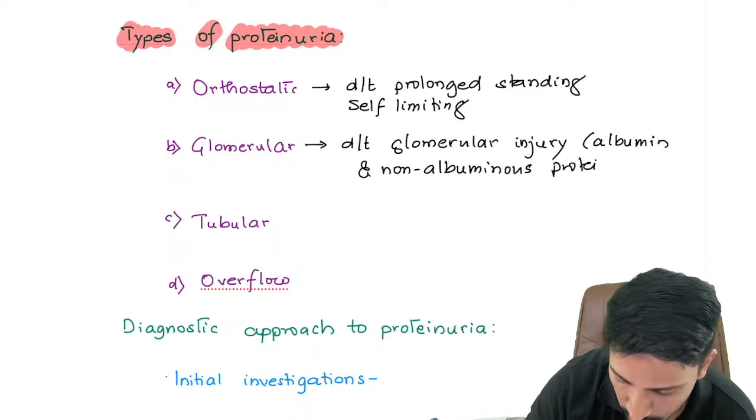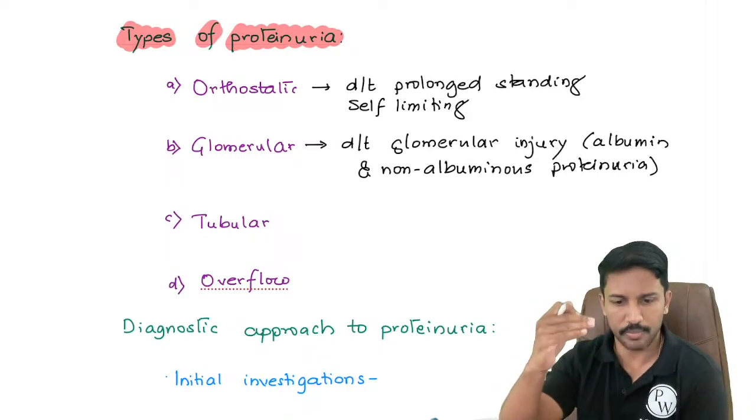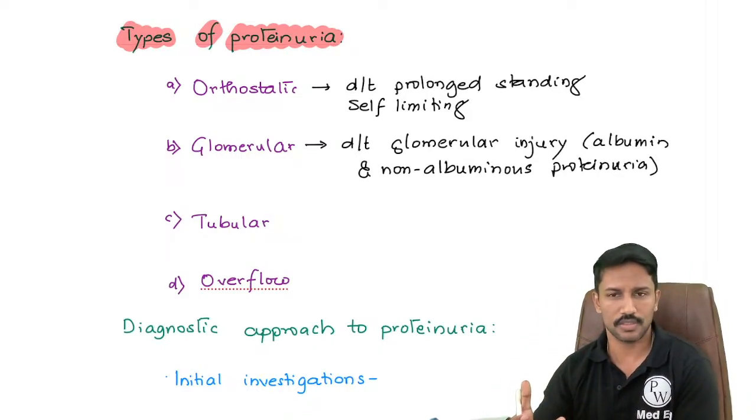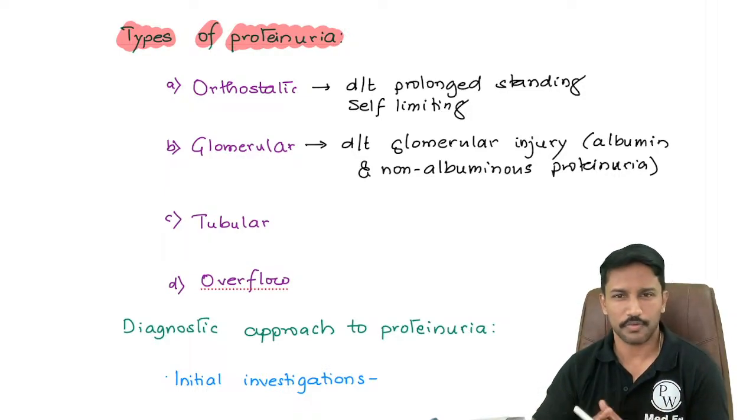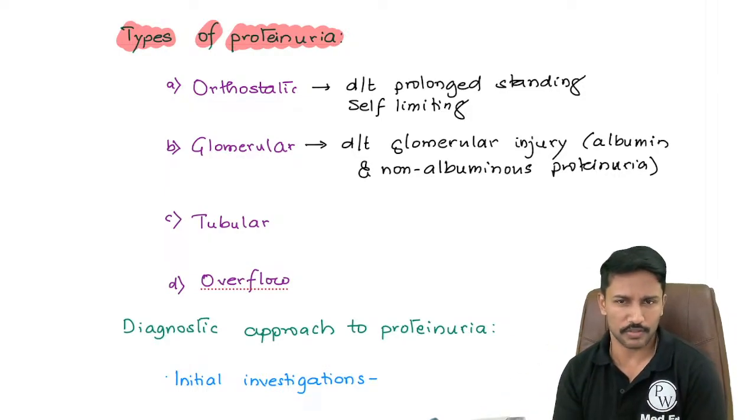Albuminous as well as non-albuminous proteinuria. Now, what can cause the glomerular injury? You can definitely mention the long list of glomerular disorders, right? Post-streptococcal glomerulonephritis, IgA nephropathy. You can go on listing few examples as the causes.